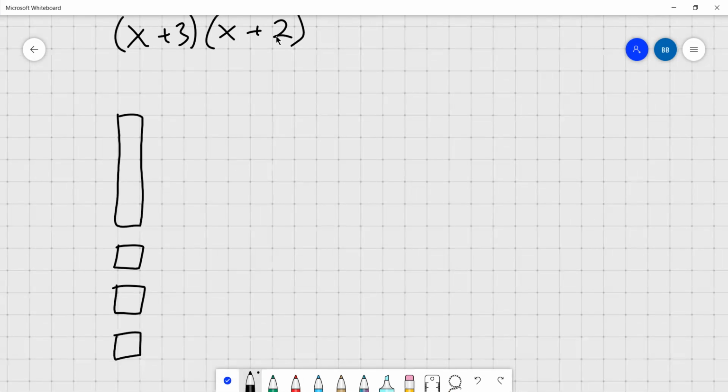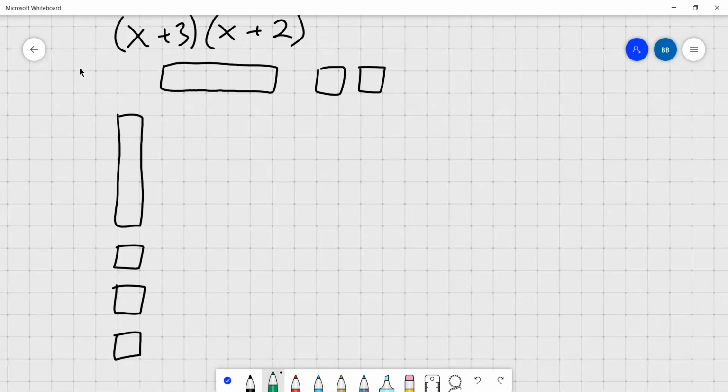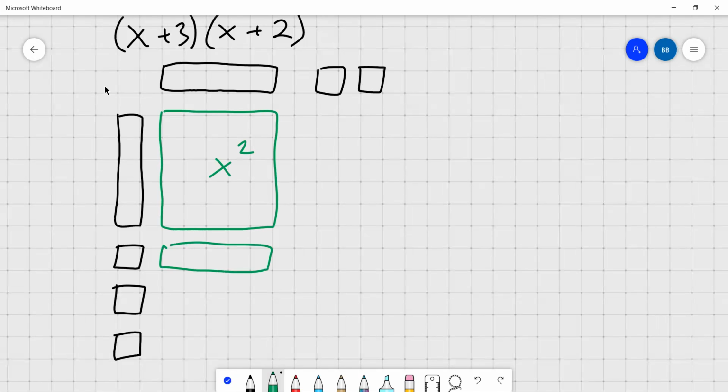And then over here, we have x plus 2. So we will draw our x, and then we will draw our 2 one units. Same approach. Draw between these two x's. That will be our x squared. Draw between the 1 unit and the x to give us an x. Repeat for this 1 unit and the x. Repeat down here.